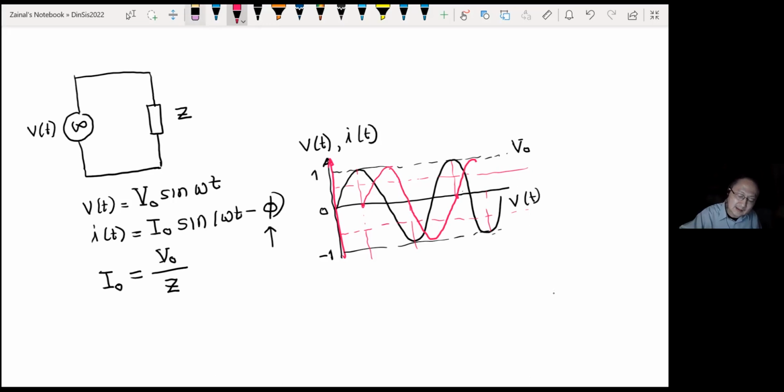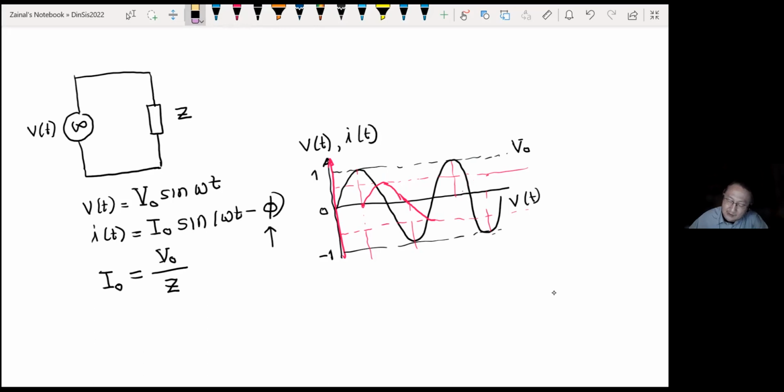Oh, sorry, I shouldn't plot this one. I want to plot something like this one, because the reason is the amplitude. I don't want you to think that the amplitude is the same. The amplitude may not be the same.